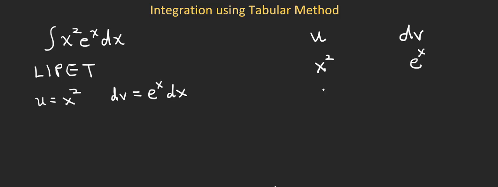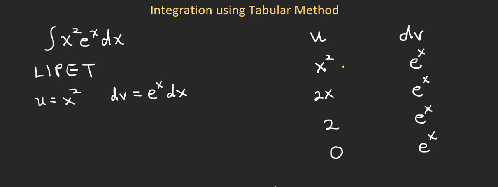The derivative of x squared is 2x, the derivative of 2x is 2, and the derivative of 2 is 0. On this column, the antiderivative of e to the x is e to the x, e to the x, e to the x.